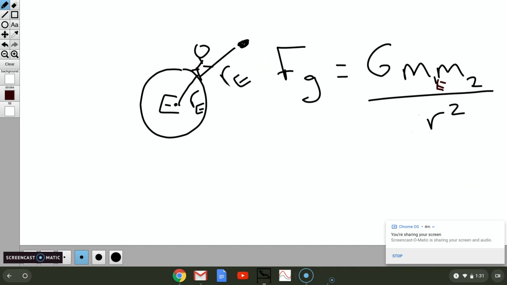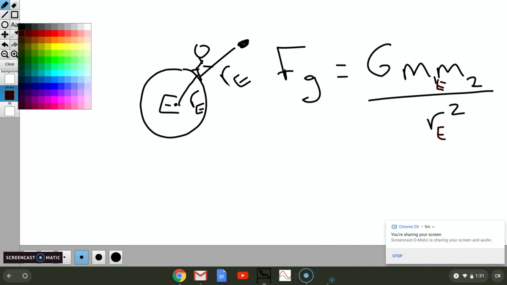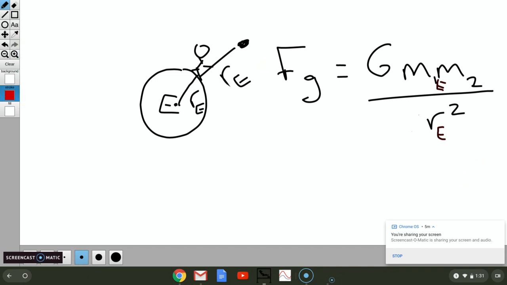And this radius, since we're usually on the surface, would be the radius of the Earth. So that part of the equation will come out to be the exact same thing every single time, right? And this is on the surface of the Earth.